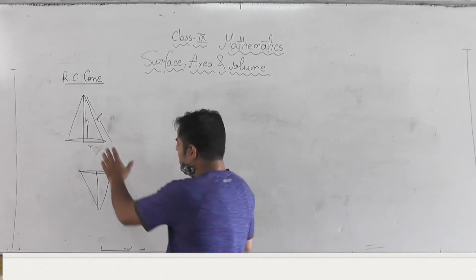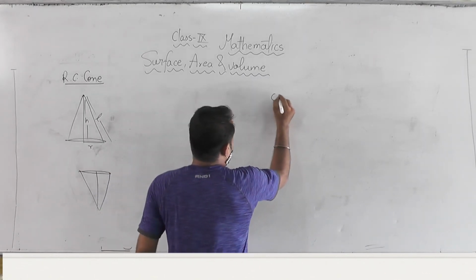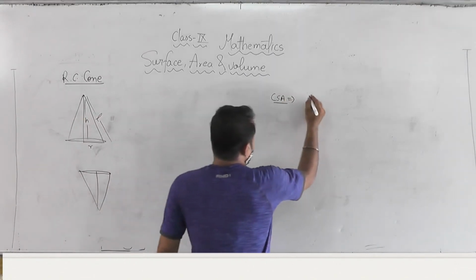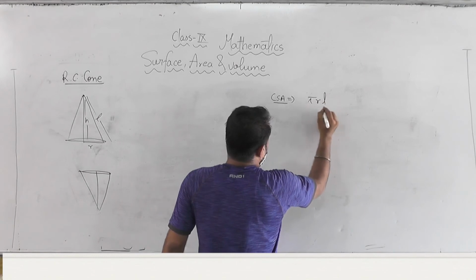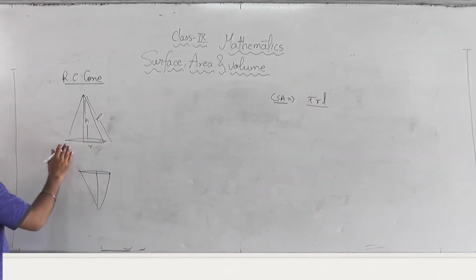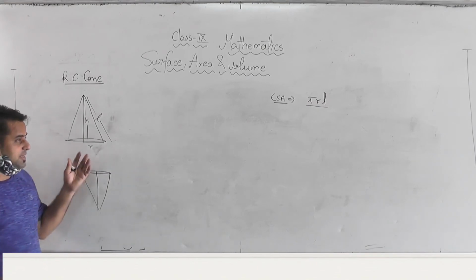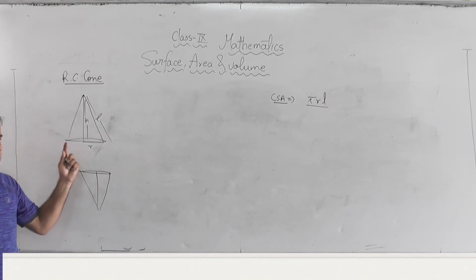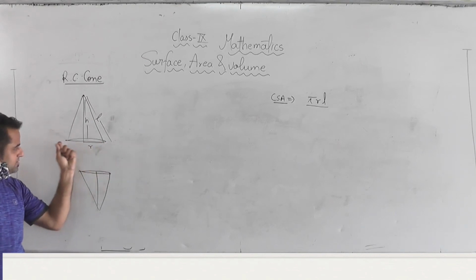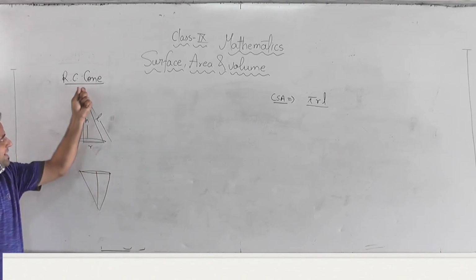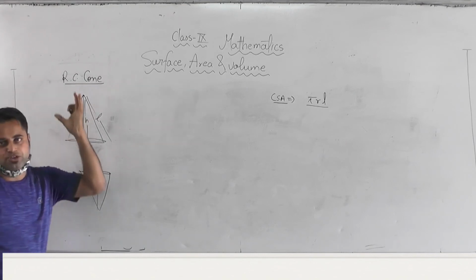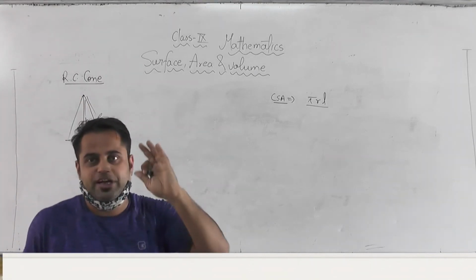Now see, it's CSA. The CSA of this cone is pi R L. Why is it pi R? You can tell me the circumference is 2 pi R. Here it is 2 pi R, but toward the end this 2 pi R shrinks and becomes 0, because at the point there is no radius.